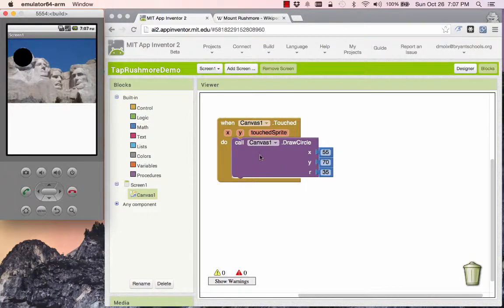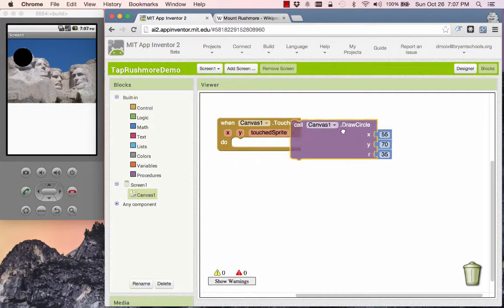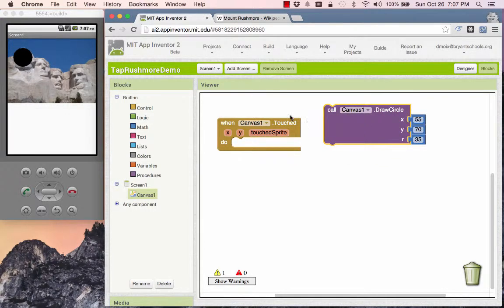And now we need to know if there was a touch event that occurred there. So how do we know if it's within that black circle? We know it's within that circle if the distance between the center of the circle, which is 55, 70, and the tap is less than or equal to the radius, which is 35. So all we need to do is the distance formula.